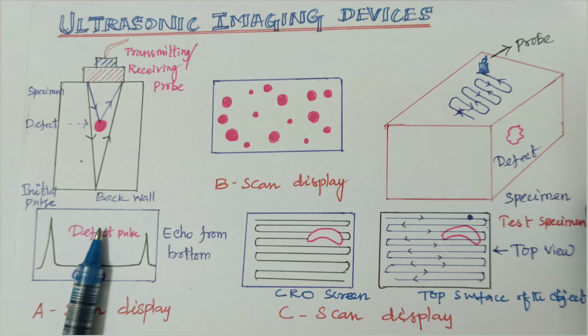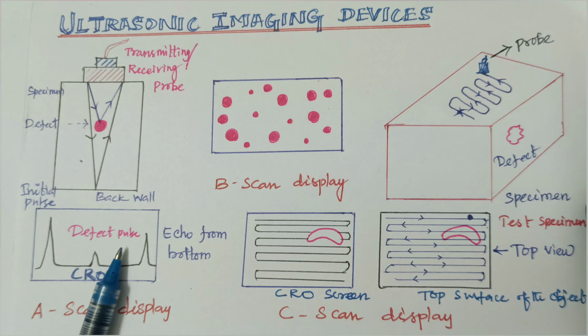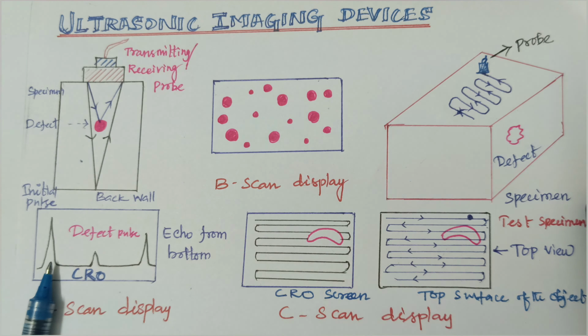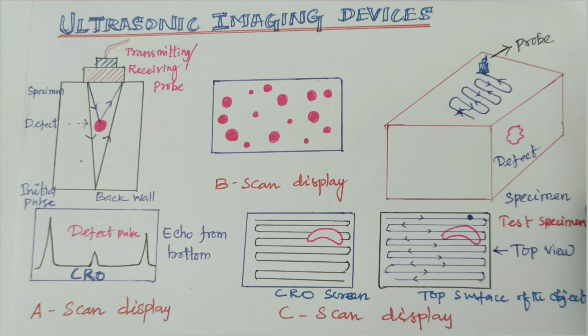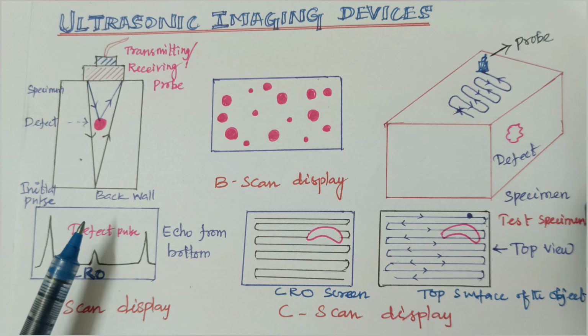Here the scan is amplitude modulation. In this mode, the reflected echoes are displayed as vertical spikes along the horizontal baseline of the oscilloscope, that is the CRO. This is very similar to the reflection mode of the ultrasonic testing method.